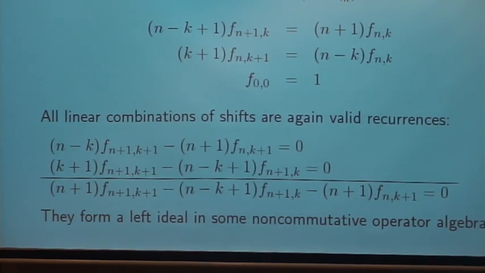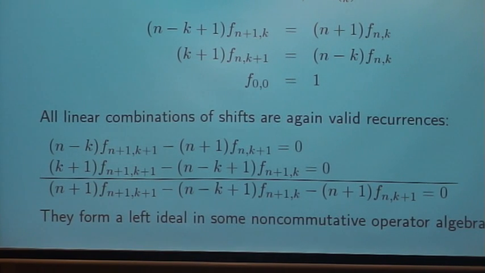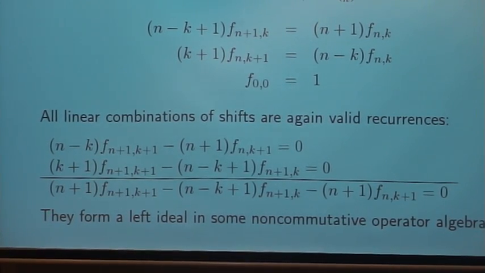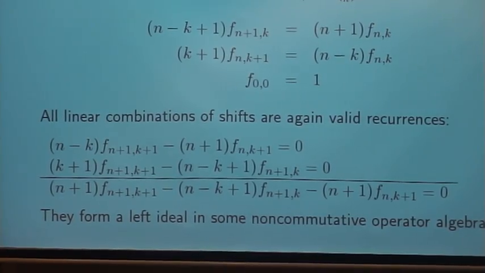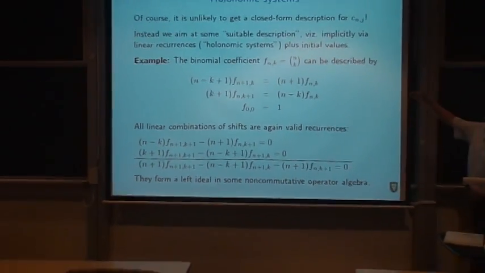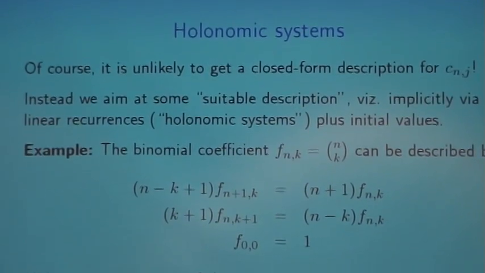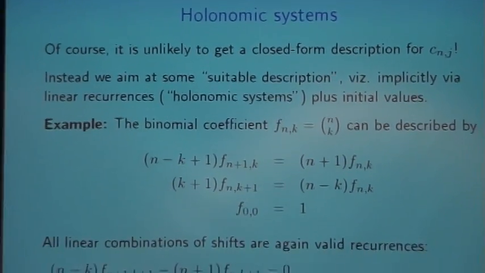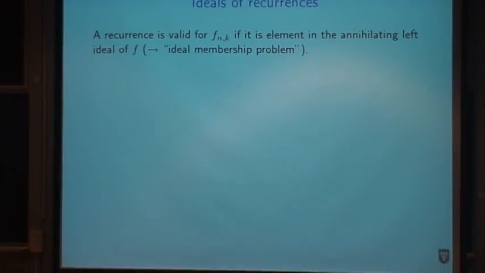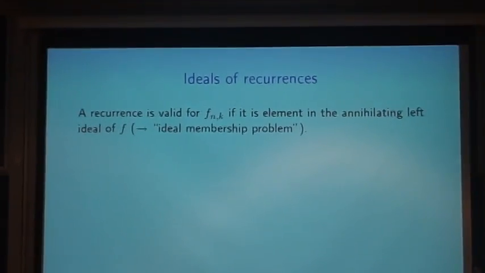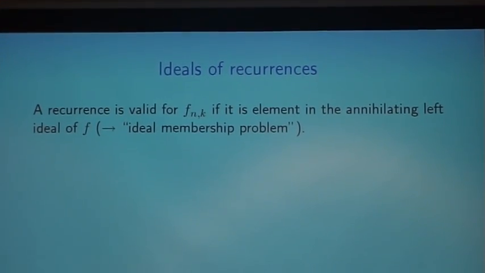So I have translated the recurrences into a kind of polynomial ring, a non-commutative polynomial ring, in which I can more easily calculate. And then the set of all valid recurrences for this binomial coefficient forms an ideal in this non-commutative polynomial ring. And for ideals, I have to mention a little bit of background to also promote the place where I'm coming from.